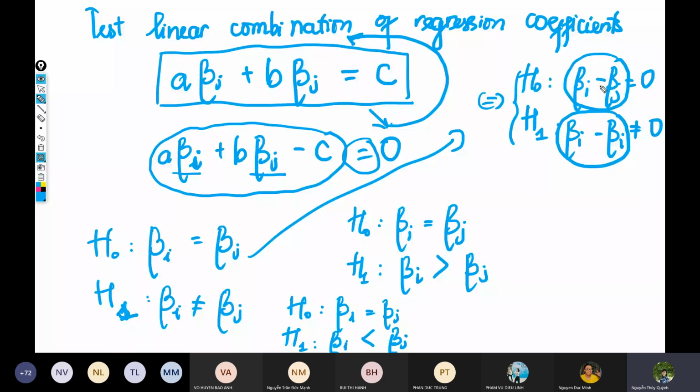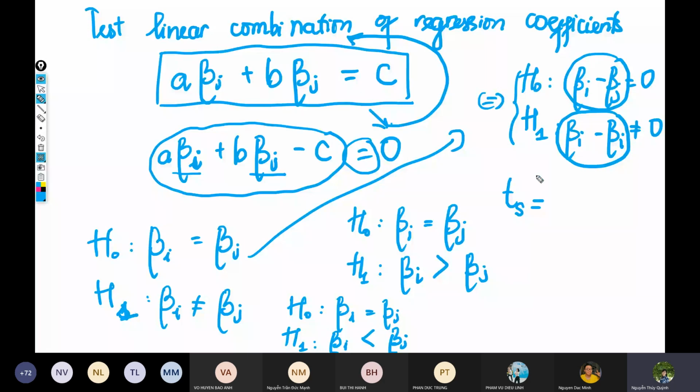We have to calculate the t-test statistic, the observed value of t. How can we calculate the observed value of t? Do you remember the formula to calculate the t-test statistic? We take what?